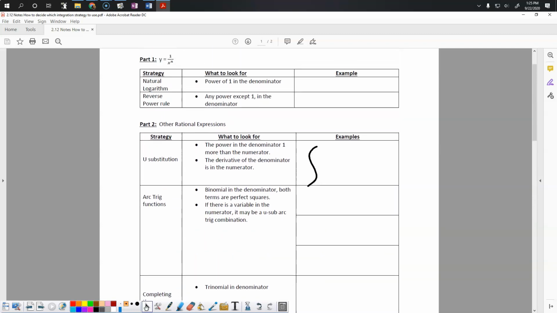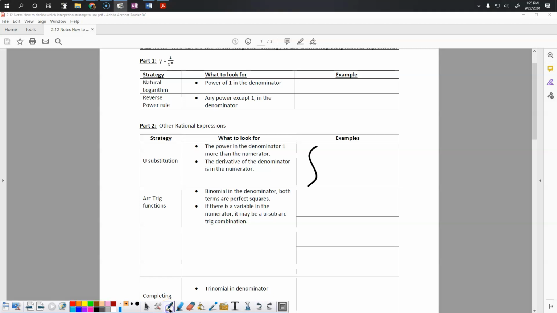All right, let's see if I can remember all that. I think that's right. All right, so go ahead and pause the video here and evaluate that integral using U-substitution. When you unpause the video, I will have the solution up for you.